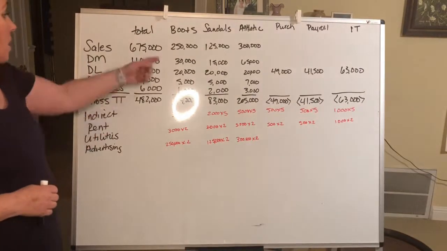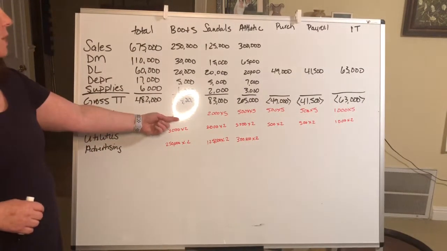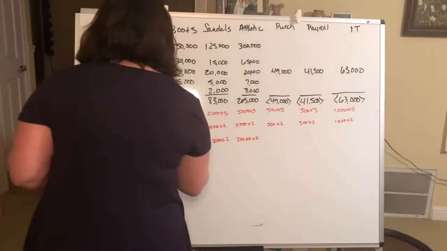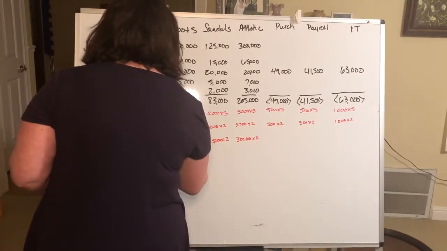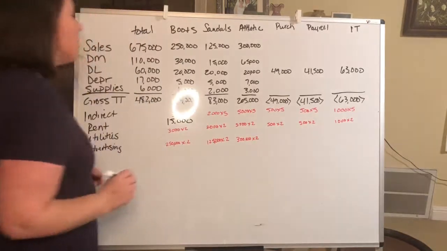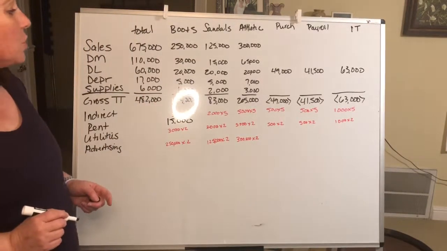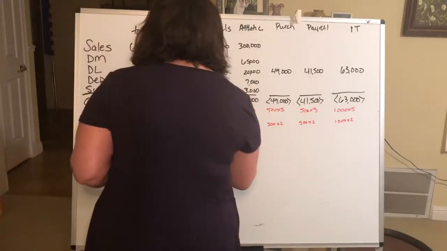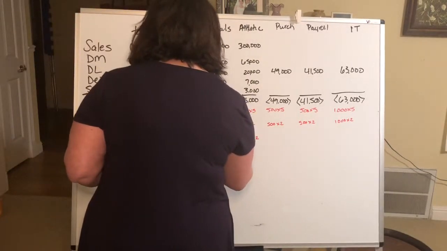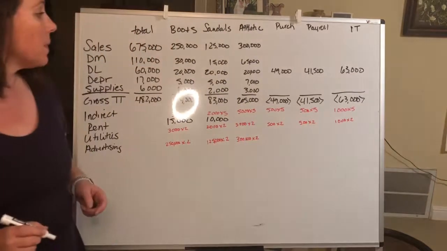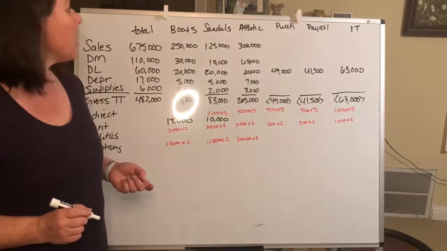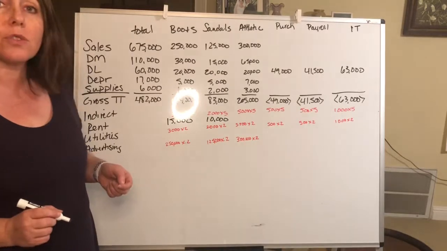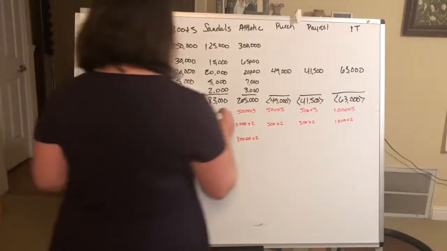So for boots, they used 3,000 square feet at $5 a square foot is going to be $15,000. Sandals used 2,000 square feet times $5 a square foot, or $10,000. Athletic shoes used 5,000 square feet at $5 a square foot, or $25,000.